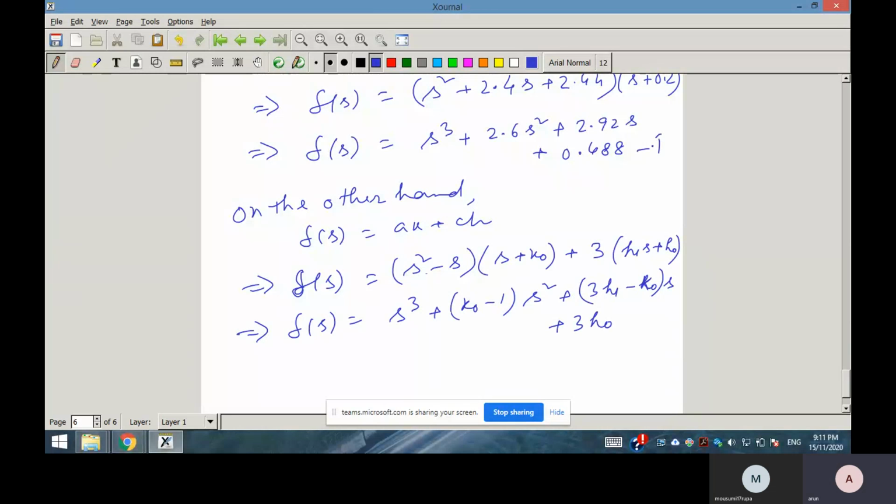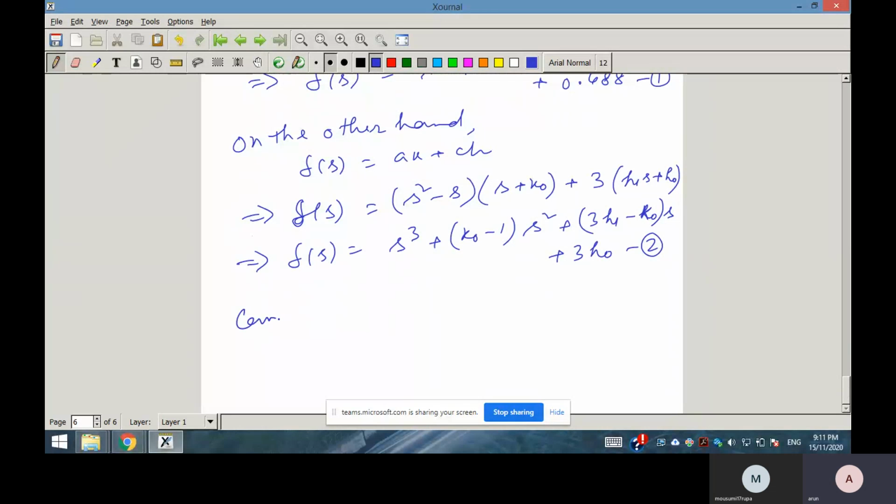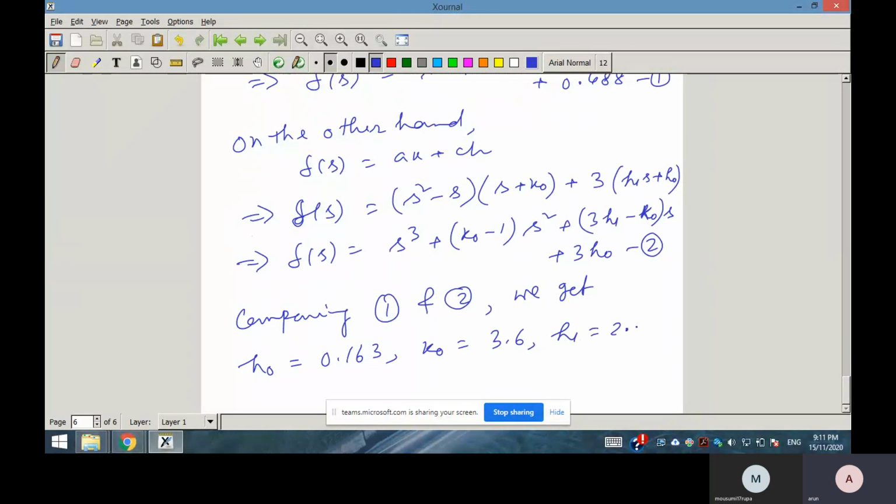So comparing 1 and 2, if you compare the coefficient of s cube, s square, s and s to the power 0, then you will get, you can easily see that h naught will be equal to, please check, 0.163, then k naught will be equal to 3.6, and h1 equal to 2.17.